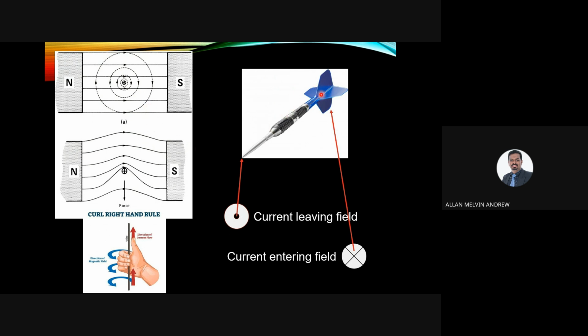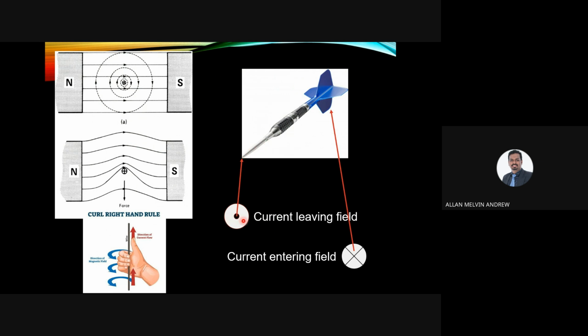How to use this arrow method? When we see this arrow from in front, we see the view like this. In the middle is the sharp needle.